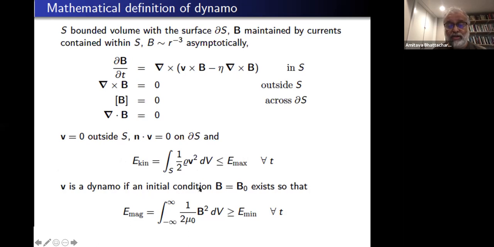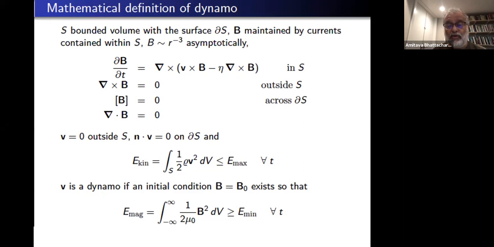if an initial condition B equals B0 exists so that the E magnetic that eventually occurs in the system, when integrated over a certain volume, would produce energy that is larger than the energy than you started out with. Okay?